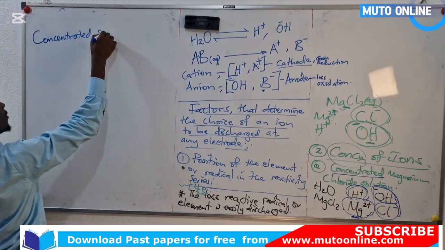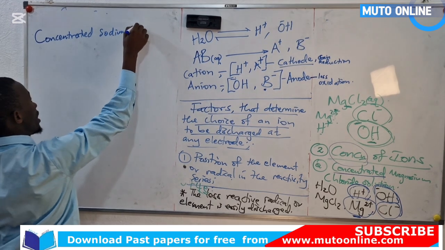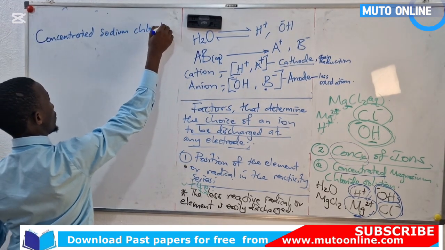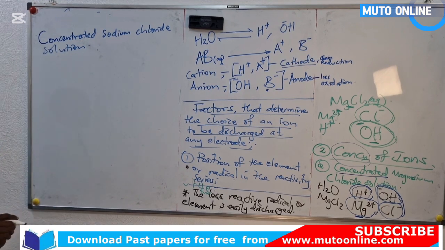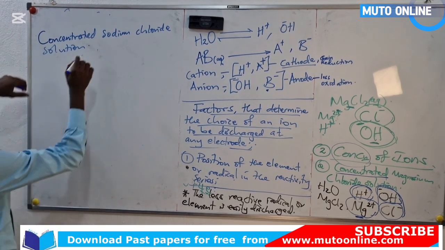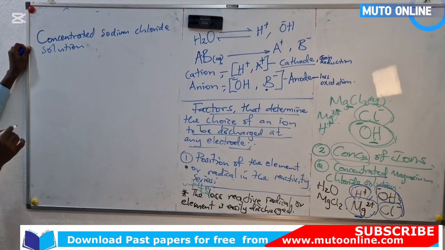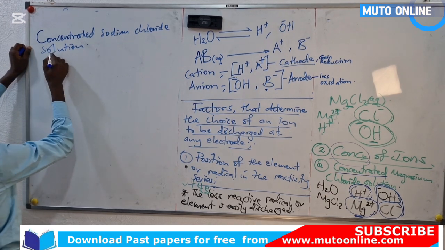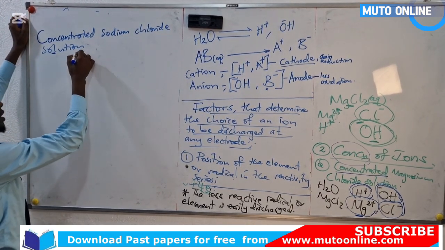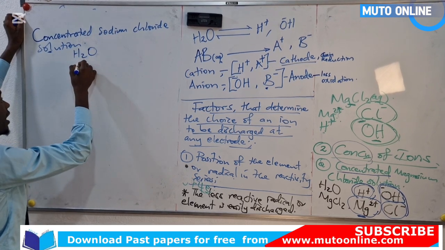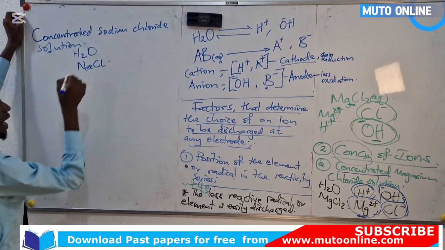concentrated sodium chloride solution. Yes, it is sodium chloride solution. It is a solution, meaning that it was made by dissolving this sodium chloride in water. So in the electrolyte, we have water and the sodium chloride.